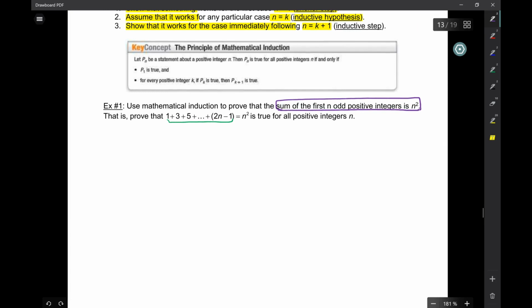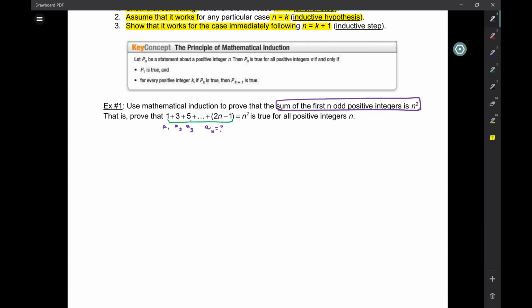So the first n odd positive integers, okay? When I started off, that's easy. It's 1, 3, 5. And then how do you come up with the nth term? So this is A1, A2, A3. What's An? An will be 2n minus 1.